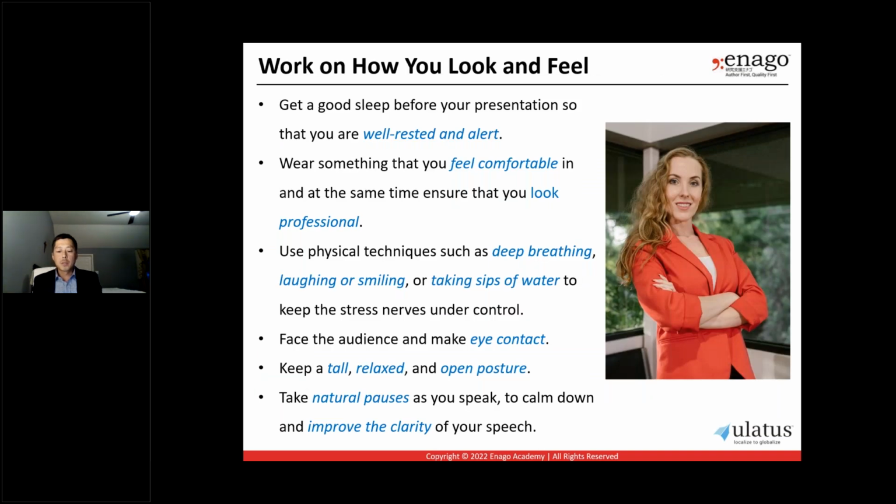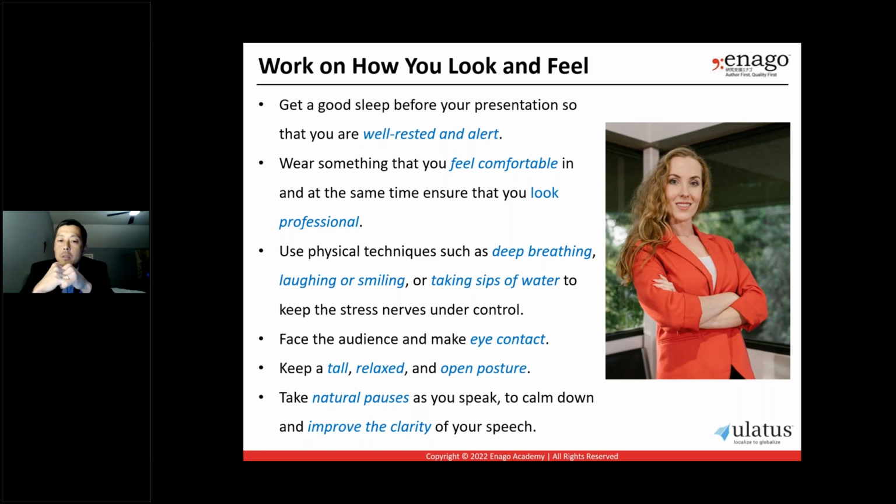One of the things about presenting, of course, is you have to be conscious of how you look and feel. That's something that goes through your presentation, especially if you're talking in person. So always make sure you're rested, alert, and wear something comfortable, but always look professional. Again, use techniques if you get nervous.